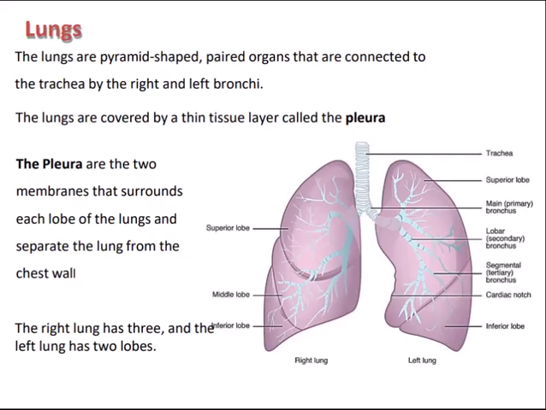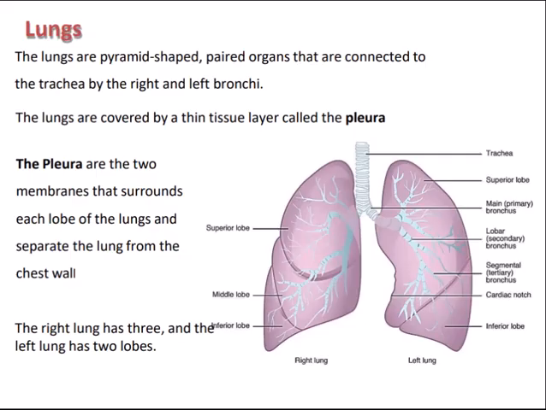The alveoli are thin-walled air sacs surrounded by dense capillary network. In the cell types, we have two types. Type 1 pneumocytes, which are simple squamous, and type 2 pneumocytes are cuboidal. The alveolar macrophages are used in defense. They remove dust and pathogens.